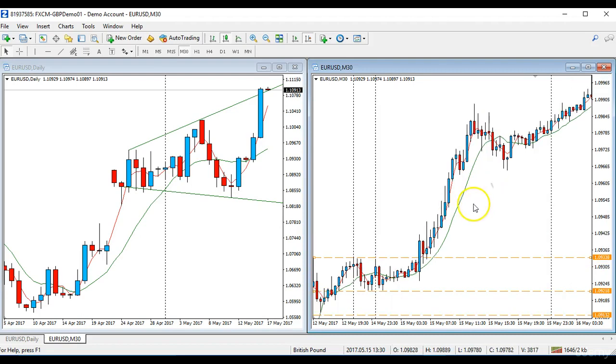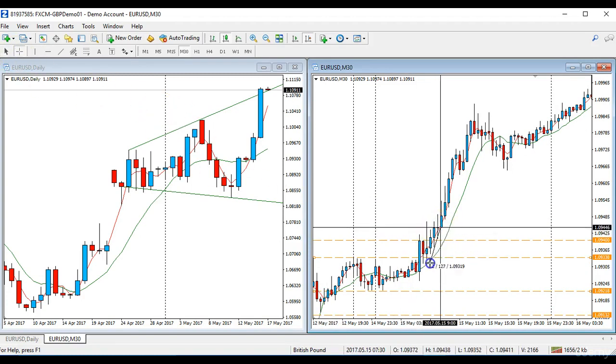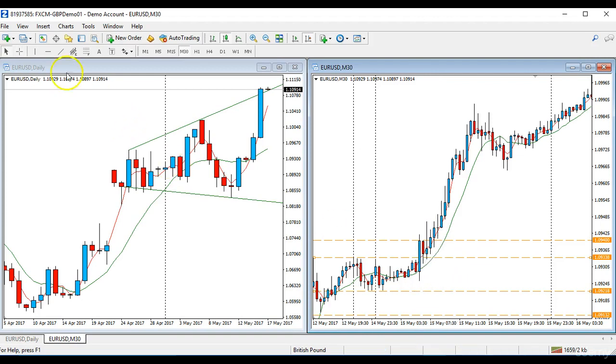What you can do is, let's say for example we had an entry over here. Let's say we entered here and we had a stop loss below a previous level, or below two previous levels of support.